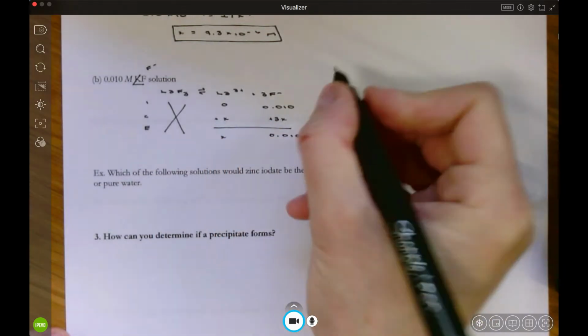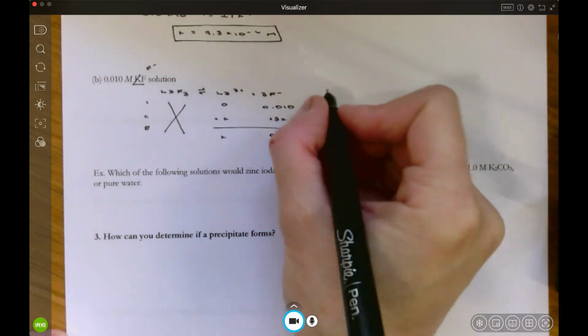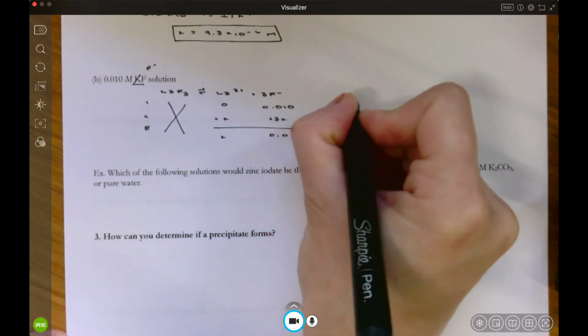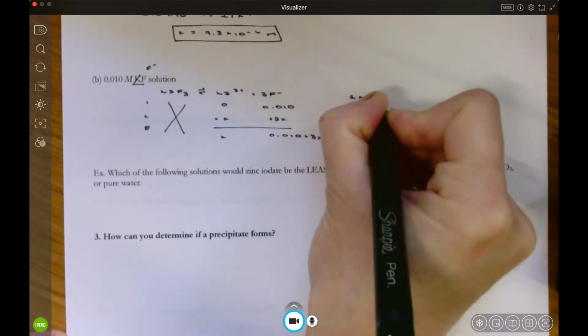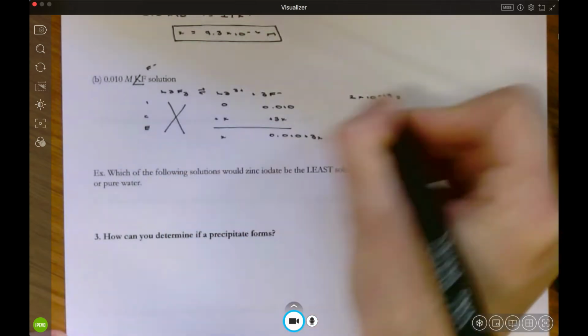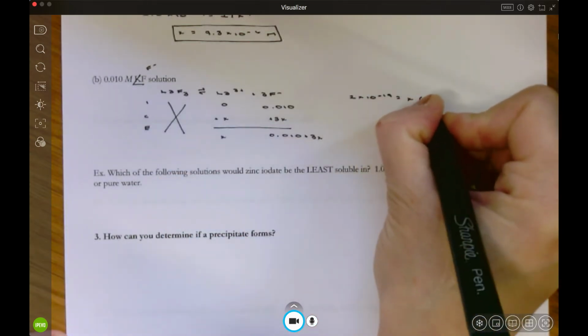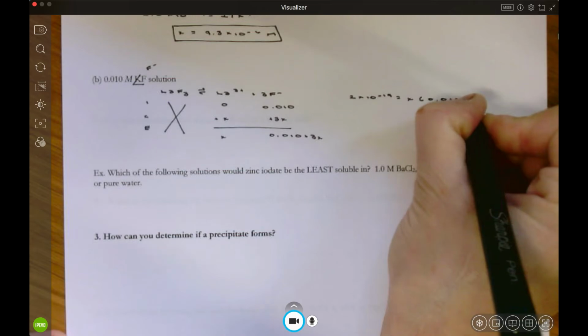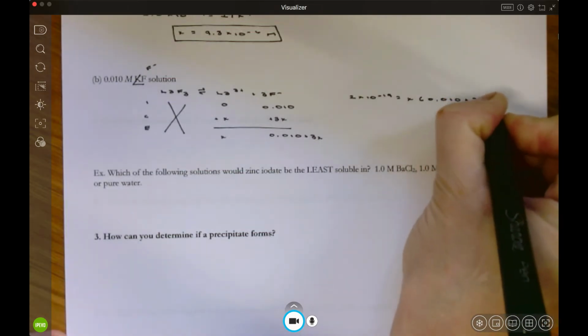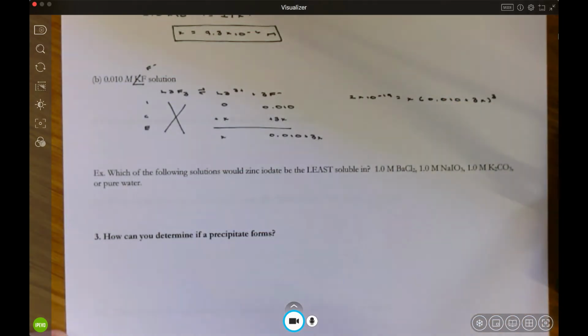So when I write my equilibrium expression, the value for KSP is still 2 times 10 to the negative 19th, and it's going to be X times that.